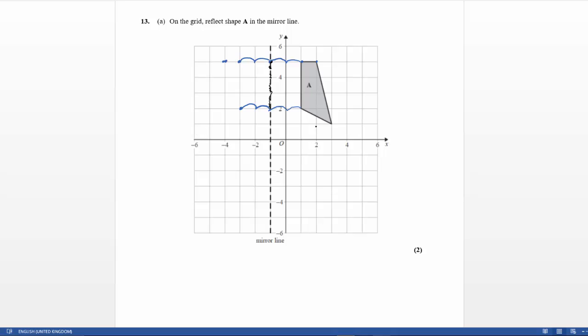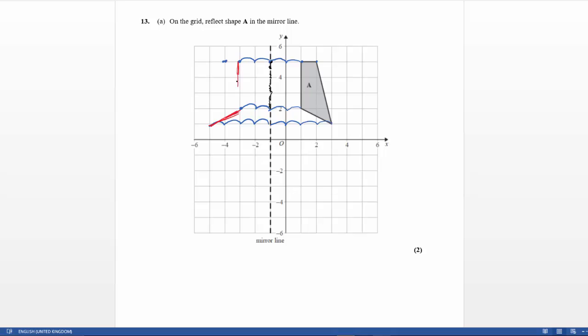So we're going to go 1, 2 spaces here. Okay? What about this one? We're going to go 1, 2, 3. This is 4 spaces away from the mirror. So we're going to count back another 4 spaces. 1, 2, 3, 4. Okay? Now I'll select a different color, and what I'll do, I'll just sketch this shape now, connecting all of these points. Okay?